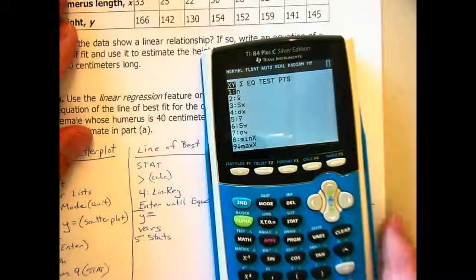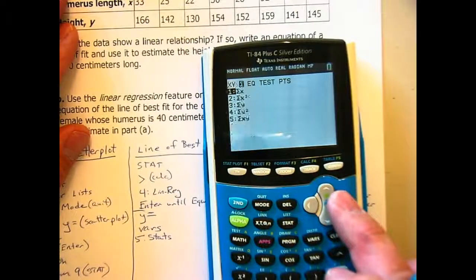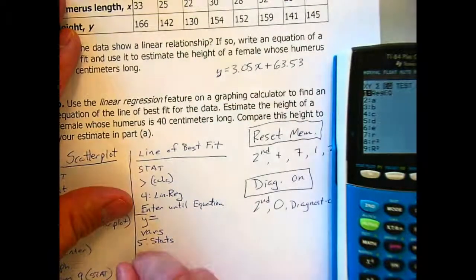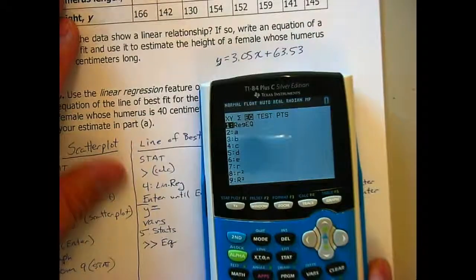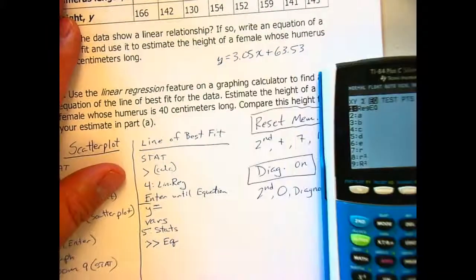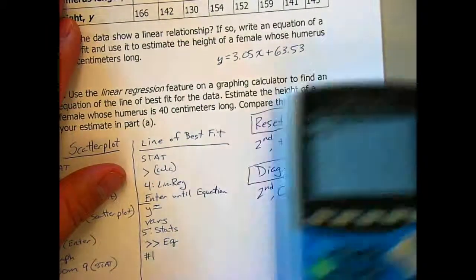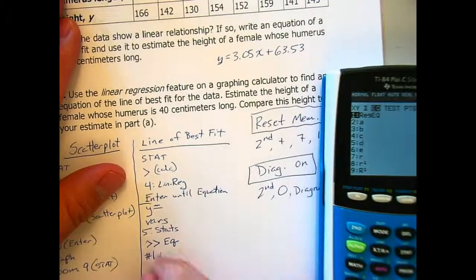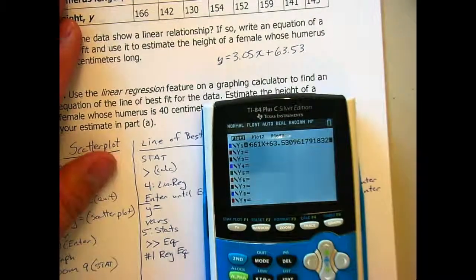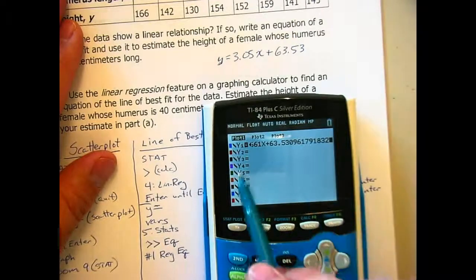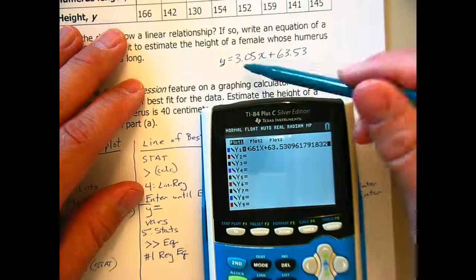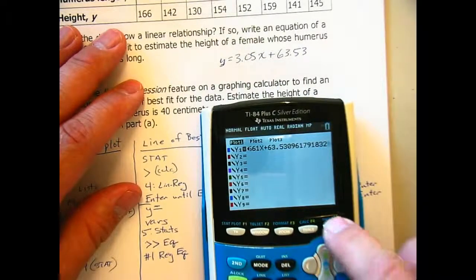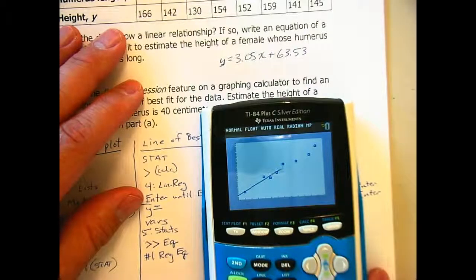Under option 5, I need to arrow over twice to equation, and select option 1, which is regression equation, REGEQ. It's going to give you a big mess when you do that. It put all of that in without rounding to a certain number. Now if you hit graph, it'll show the line of best fit as well.